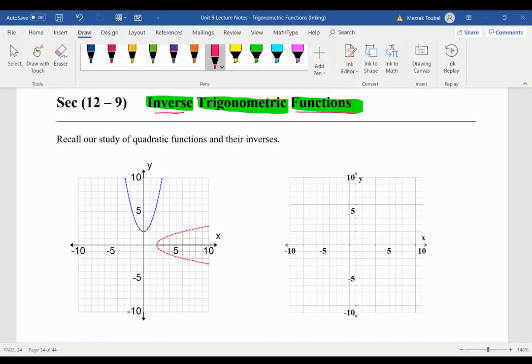For instance, if we have a function that takes a 1 as an input and produces 2 as the output, and let's call this function f. The inverse function takes 2 as the input and produces 1 as the output.